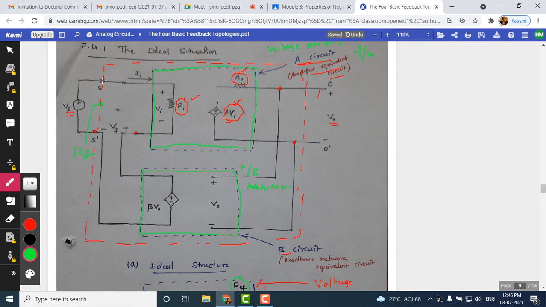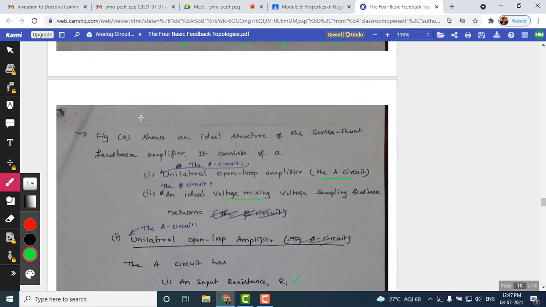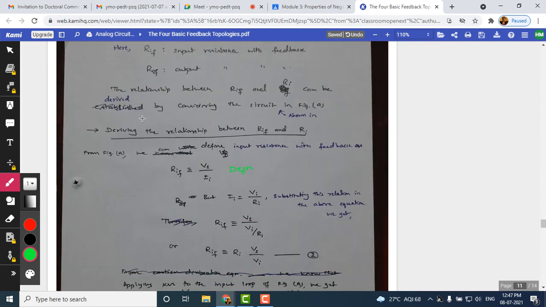Whatever red line I have drawn here, looking at these terminals S dash and S, RIF is defined as Vs divided by II. You can see that it is Vs divided by IA. This is the definition as per the block diagram.